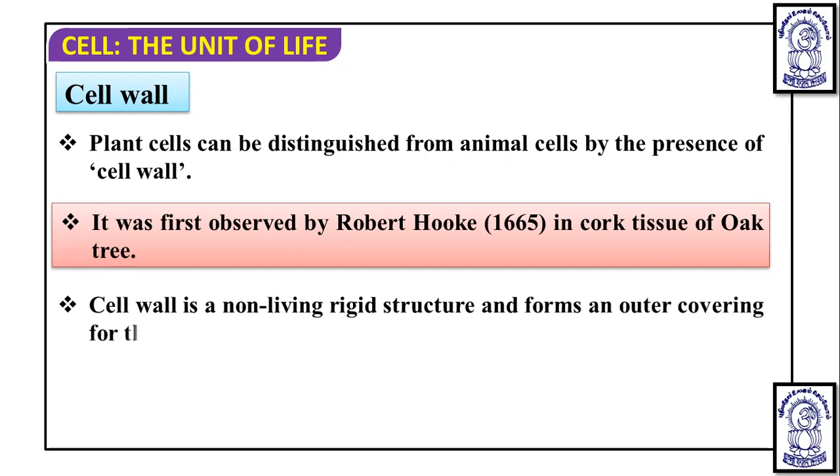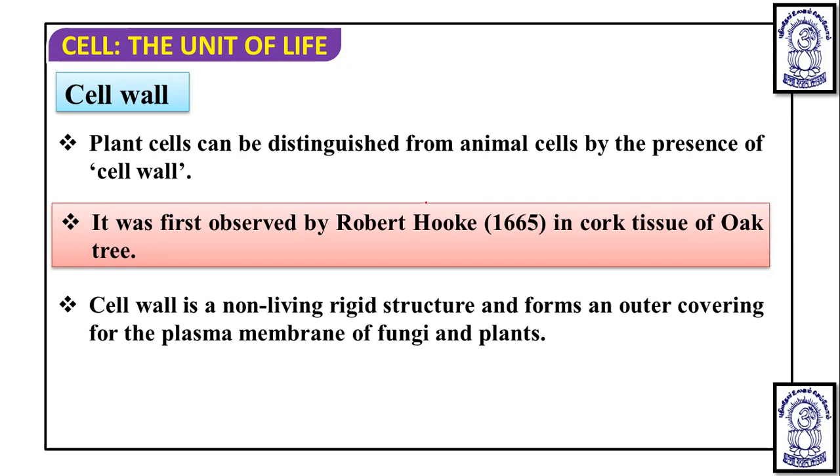Now, the cell wall is considered a non-living residue structure. It forms an outer covering of the plasma membrane of fungi and plants. That is, it is present outside the plasma membrane in bacteria, fungi, and plants mainly.